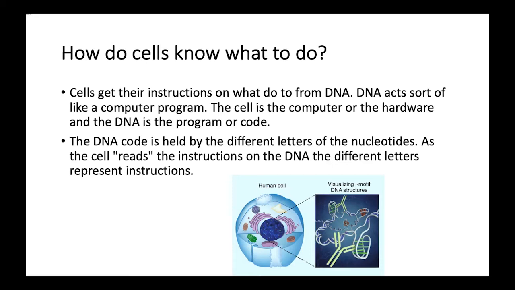It means that the DNA has the whole instructions that a cell needs to function or to carry on its specific activities. DNA gives different instructions to different types of cells, and cells are able to read this information that comes from DNA, and due to this code, the cells carry on their function. And this is the way cells know what to do.